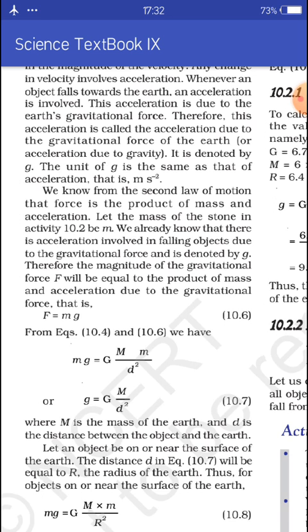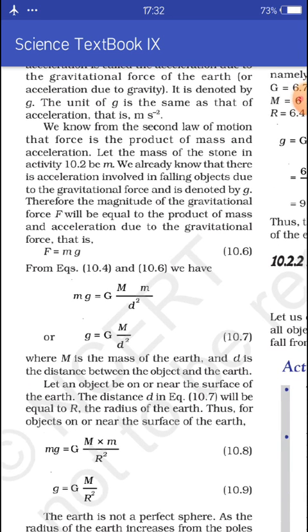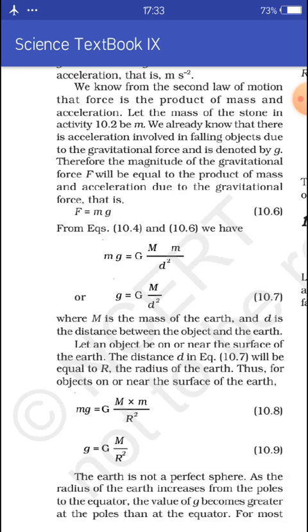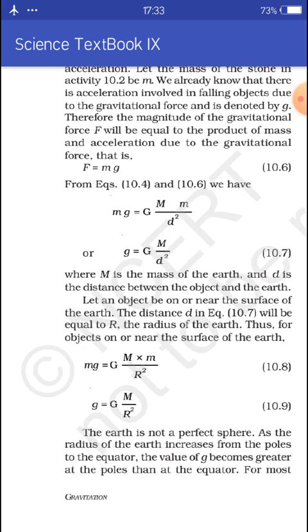There is acceleration involved in a falling object due to the gravitational force, denoted by g. Therefore, the magnitude of the gravitational force F will be equal to the product of mass and acceleration due to the gravitational force. That is, F is equal to m into g.